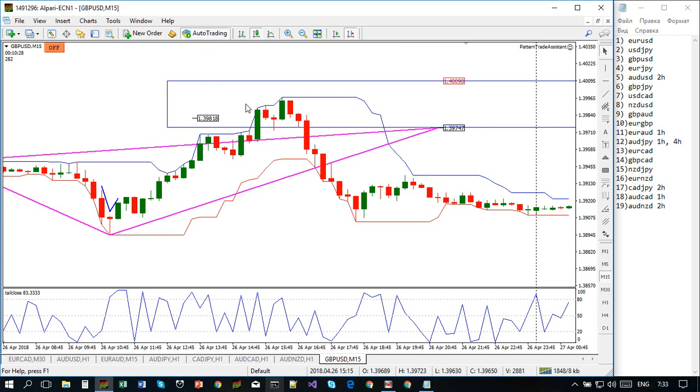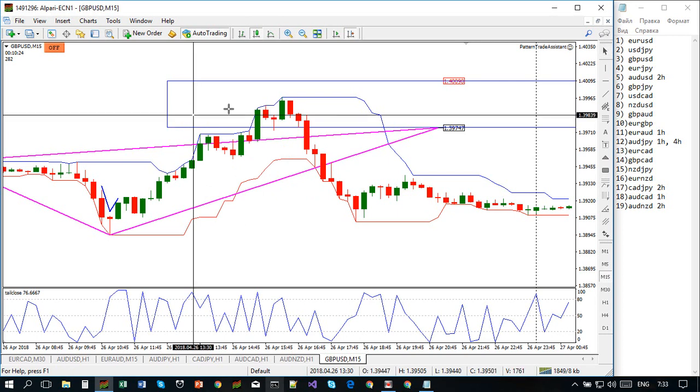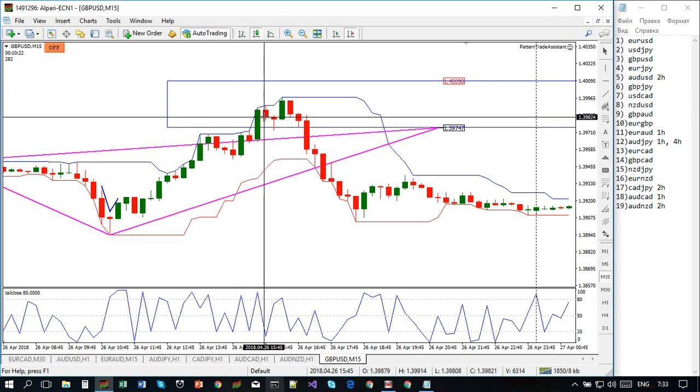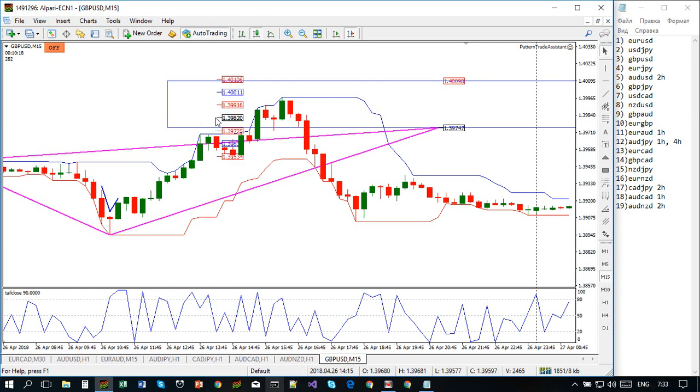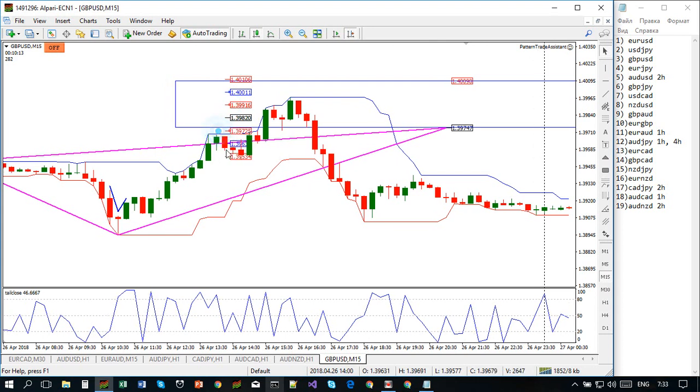Okay, so let me delete all that stuff. Let me draw my 380R back. So this is the candle close. Okay, 380R to the upside, 380R to the downside. This is my stop loss.